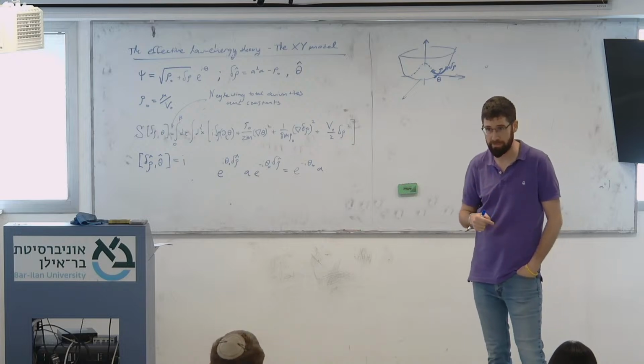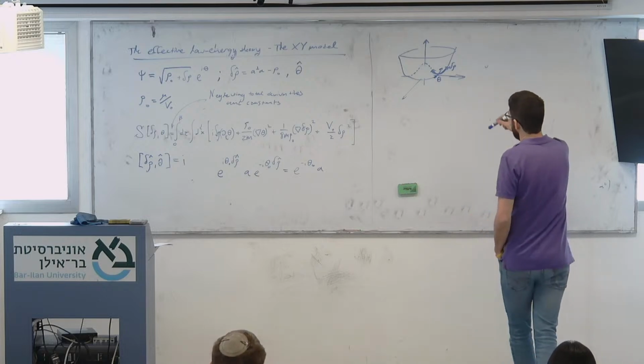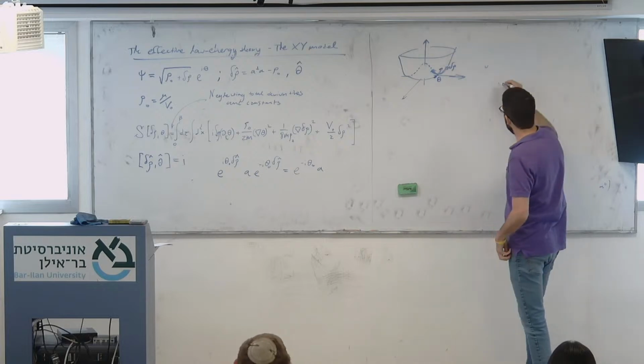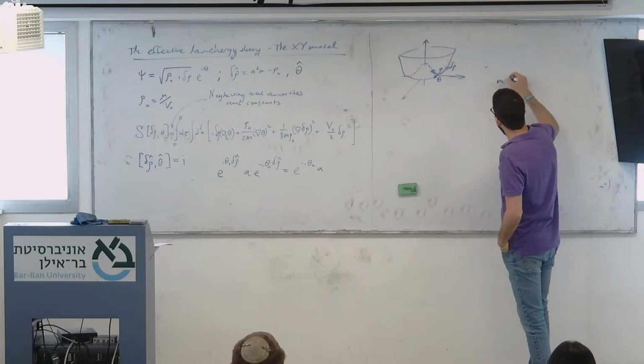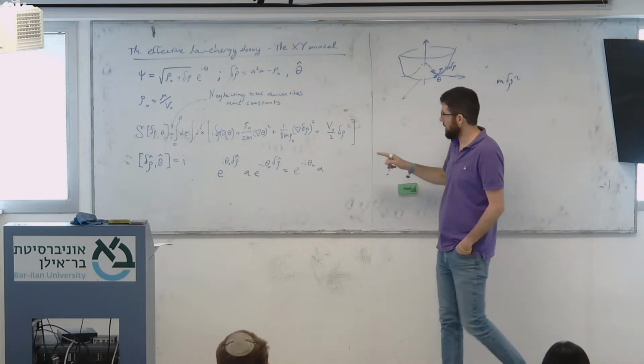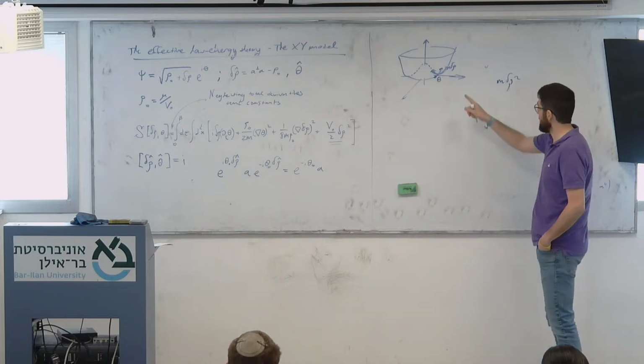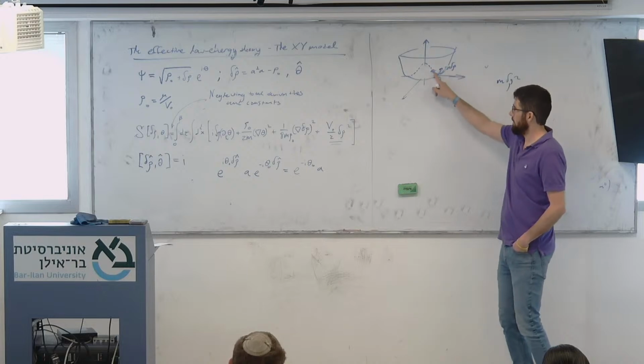Is that obvious? So, delta rho, right? I anticipate that there's a term like m delta rho squared. And indeed I see it here, and this is exactly this.